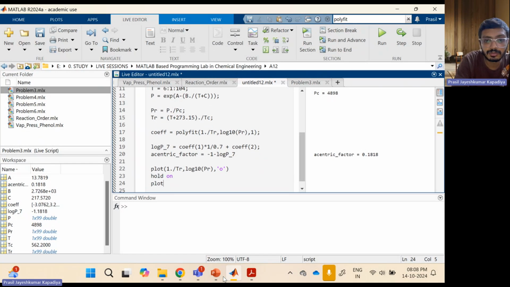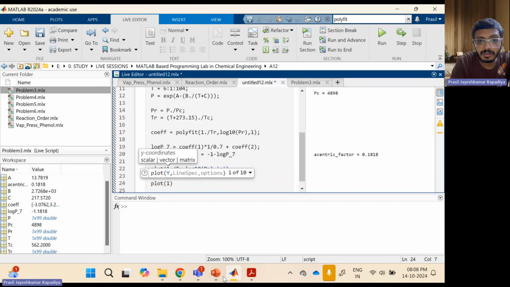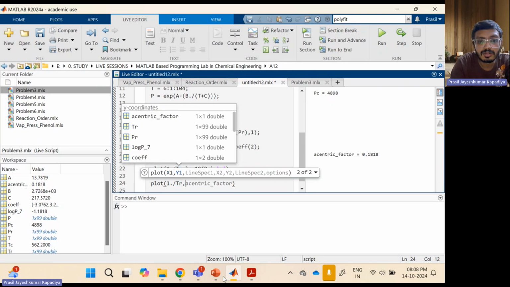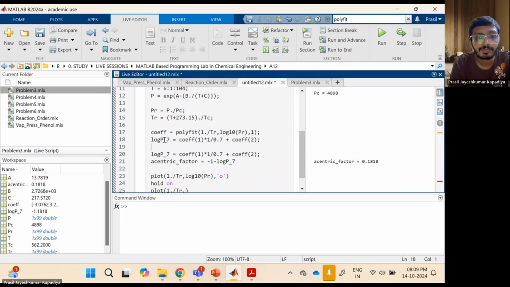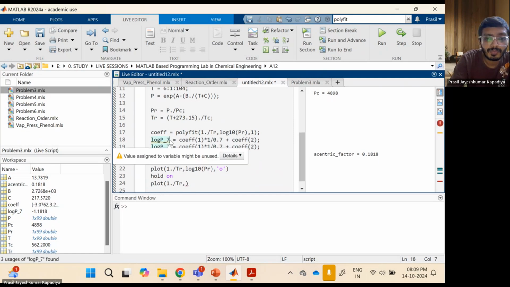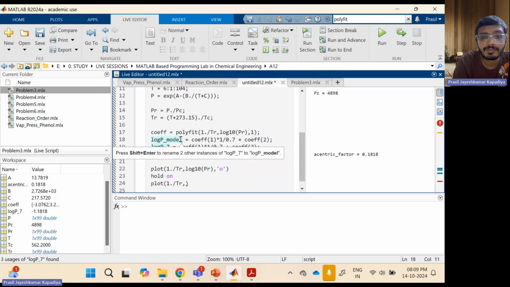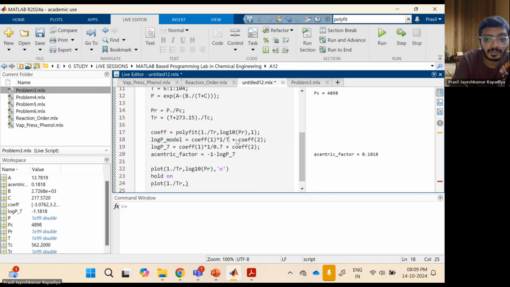I can plot 1 by TR with this term, the model.